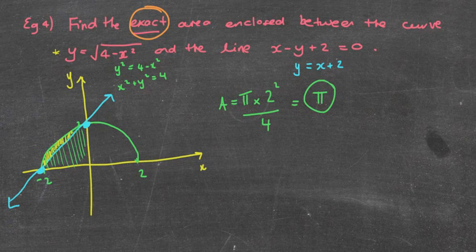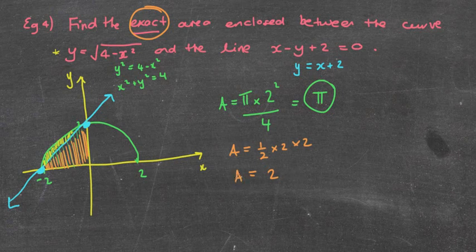If I then subtract the area of this shape here, which happens to be a triangle, I'm going to be left with the area between those two curves. So let's find the area of that triangle. Well, a triangle is half times the base times the height. So half times 2 is 1, 1 times 2 is 2.